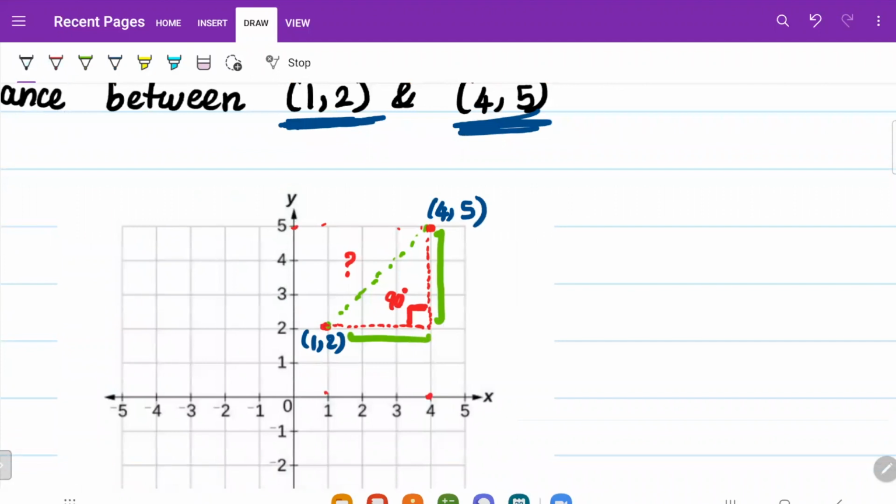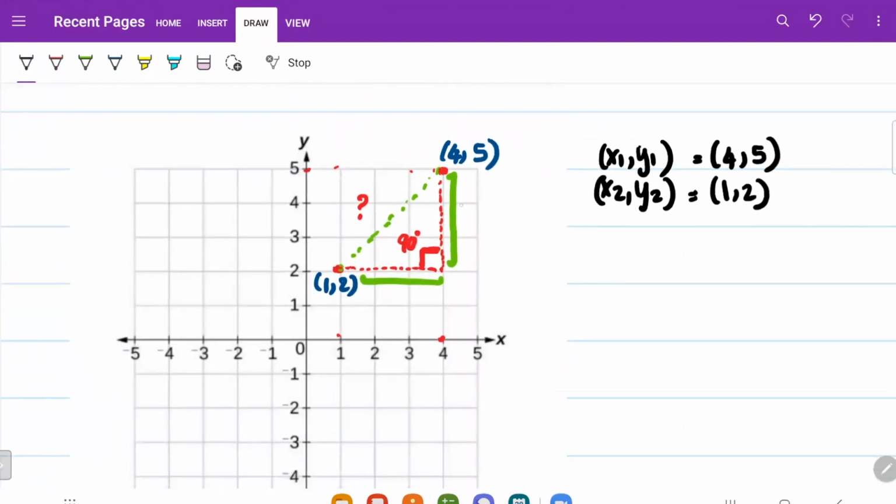So here we have x1 comma y1 as 4 comma 5 and x2 comma y2 as 1 comma 2.